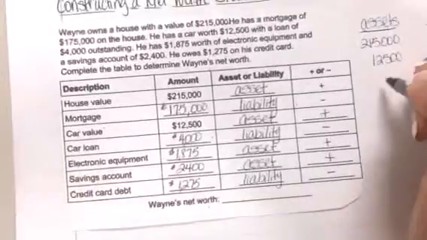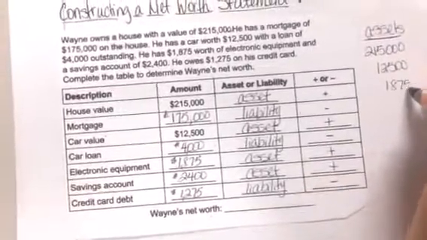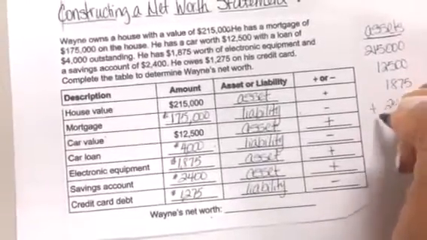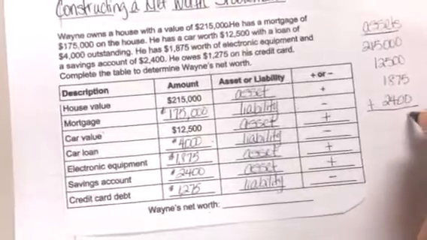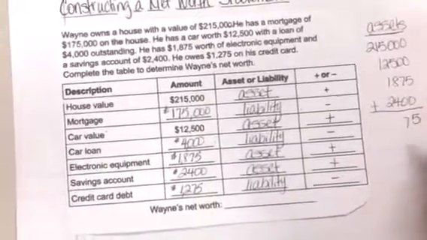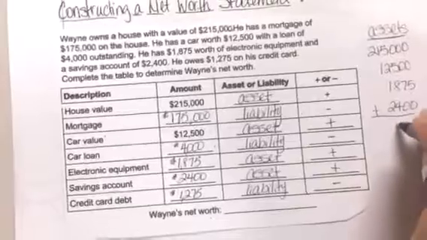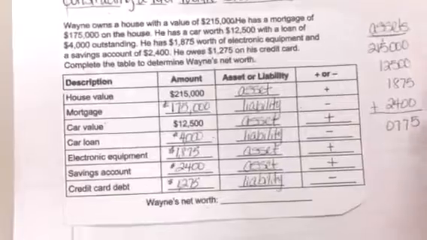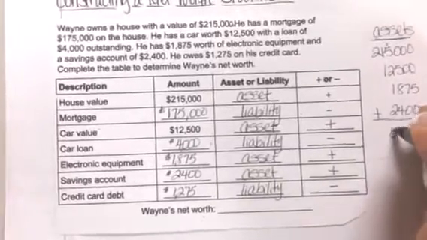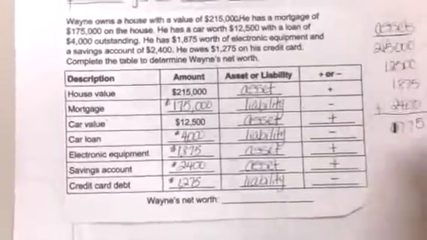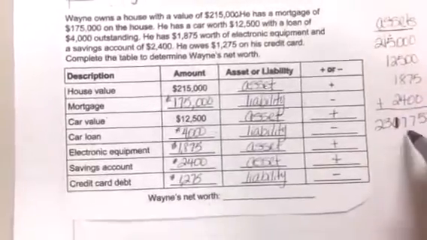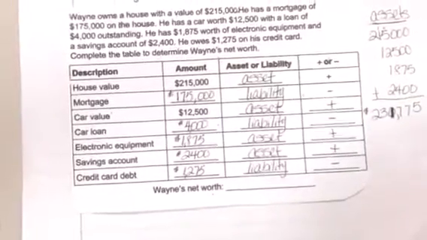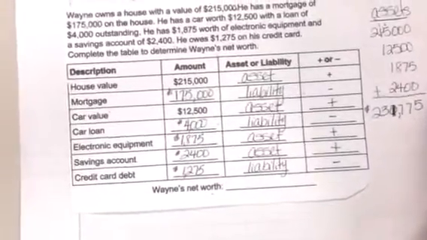We have electronic equipment of $1,875 and a savings account of $2,400. And we want to add that all up. Oops, sorry, that's 11. Forgot to add my 1. Okay, you should have gotten $231,775 in assets.